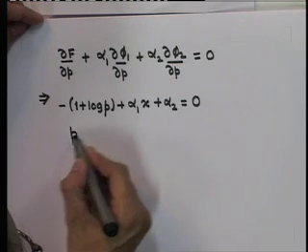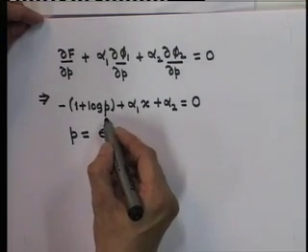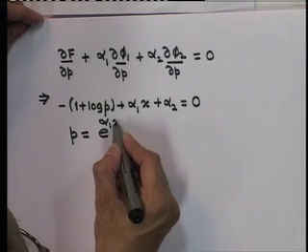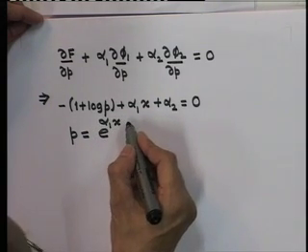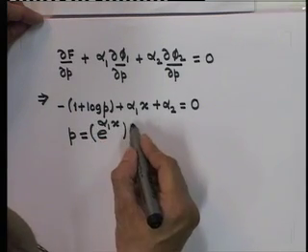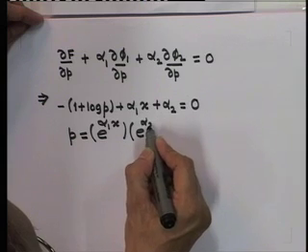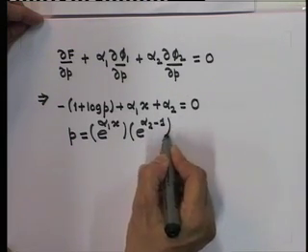This can be solved as p is equal to e raised to alpha 1 x multiplied by e raised to alpha 2 minus 1.